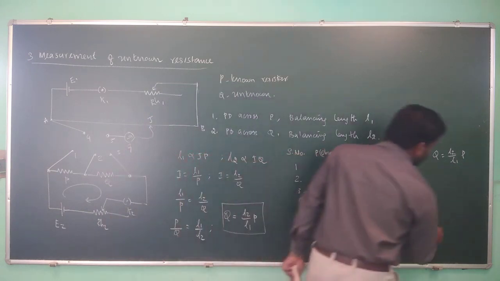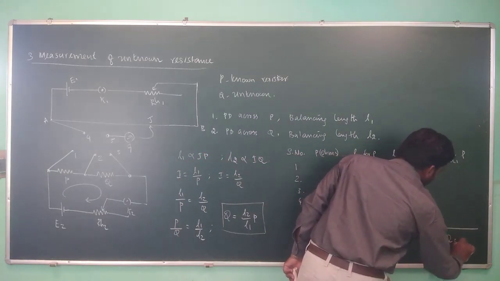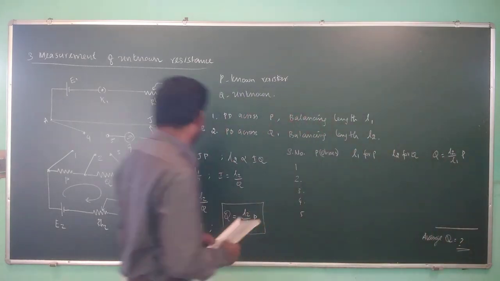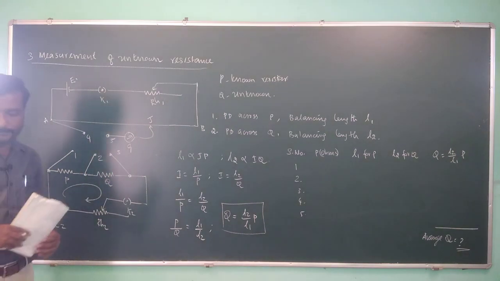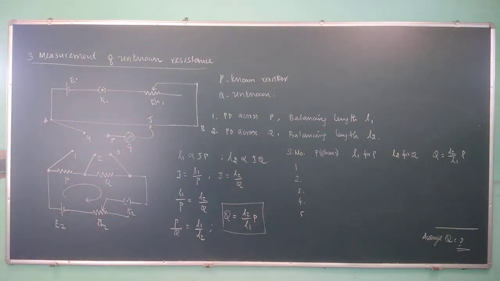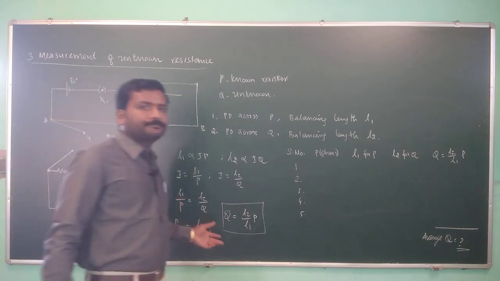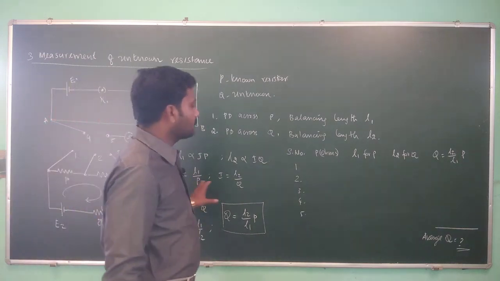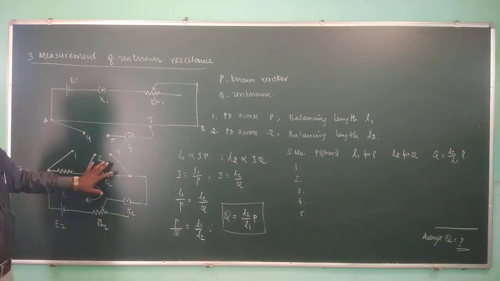At last, we take the average Q. That is the value of the unknown resistance given to us. In that way, we can measure the value of the given unknown resistance.